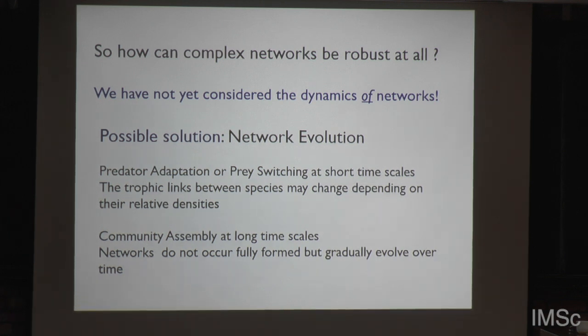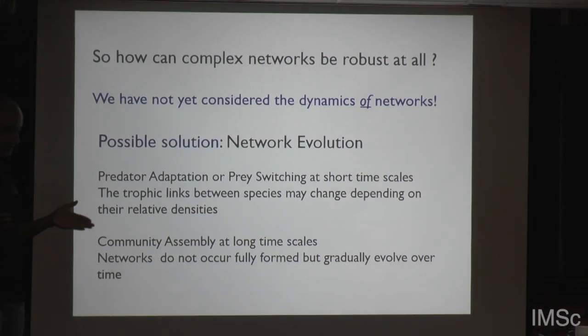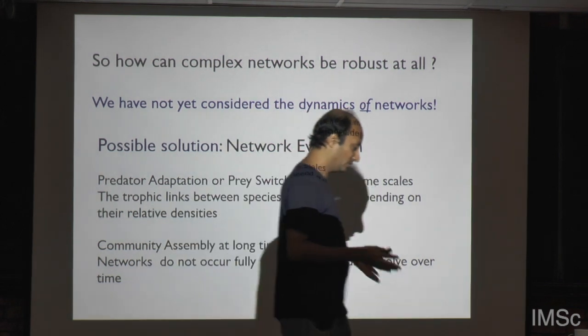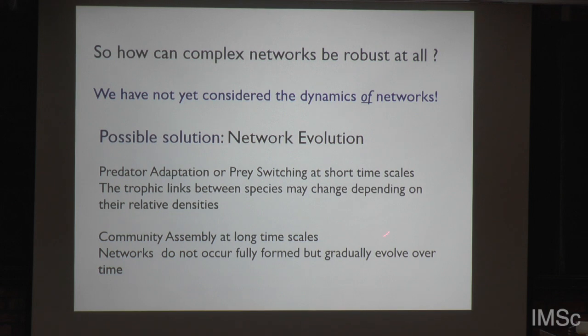Okay? And so you have this community assembly where over extremely long times a network starts growing from maybe just a single node to 2 nodes to 3 nodes and so on, eventually becoming the extremely complex kind of networks that we saw in some of the pictures shown earlier. At the same time, of course, you also have dynamics of networks where species keep evolving, the population densities keep evolving, and that can of course affect network evolution at local scale.